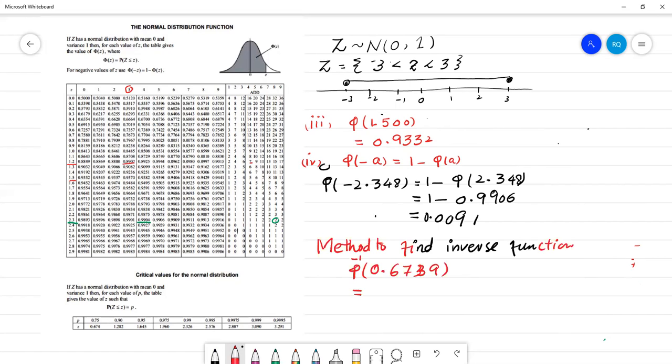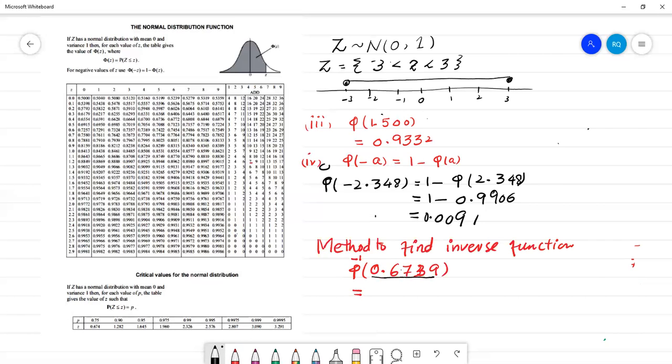In the second case, I will discuss if the number is less than 0.5. First, you have to observe this number in the main body of the table. What is the main body of the table? That is the main body of the table, where all these numbers are in ascending order.